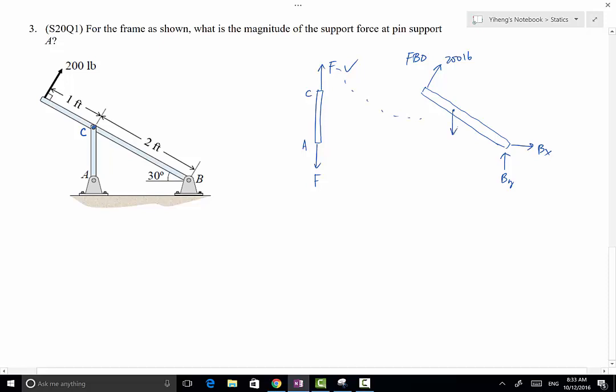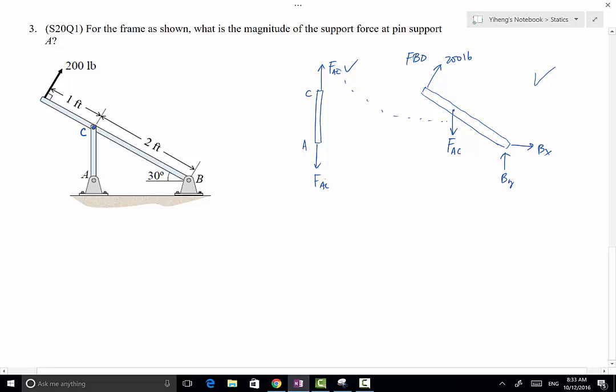Therefore, this force must look like this. Therefore, now you see that on this free body diagram for member BC, we only have 3 unknowns. We have F, BX, and BY. And this F right here, let's call it FAC, is what we're looking for.